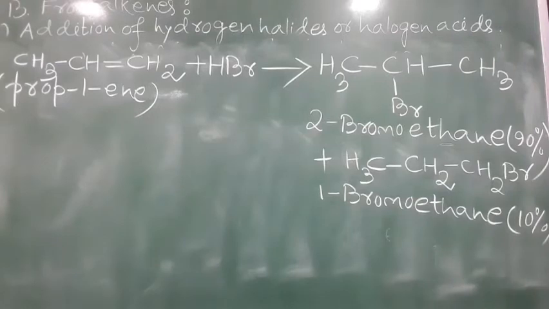Markovnikov's rule says when a polar reagent is added to an unsymmetrical alkene, the negative part of the addendum is added to that carbon atom of the double bond which contains lesser number of hydrogen atoms. That is why, according to Markovnikov's rule, 2-bromopropane is the major product, whereas 1-bromopropane is the minor product.